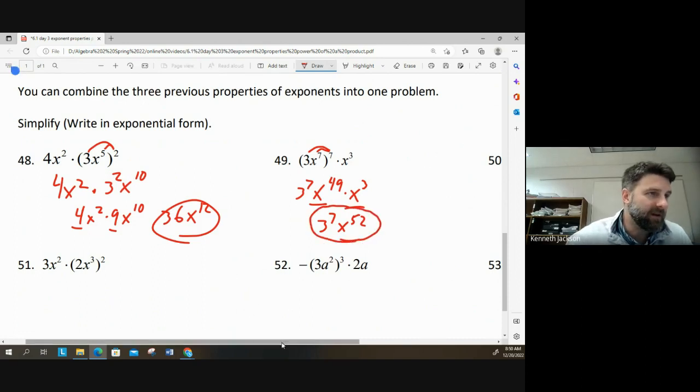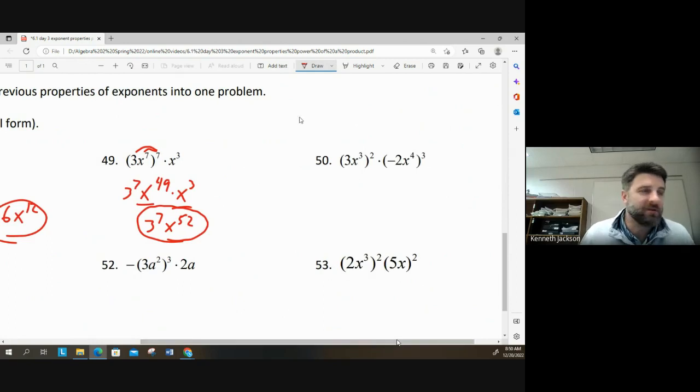And on number 50 here, again, I have 2 sets of parentheses. I need to multiply these out, simplify the sets of parentheses. So that would be 3 squared x to the 6th, power to a power we can multiply, times, I have 3 negative signs, so that's negative 2 to the 3rd, x to the 12th.